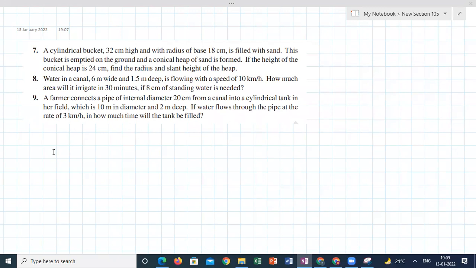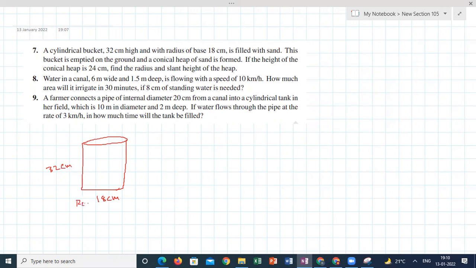This bucket is emptied on the ground and a conical heap of sand is formed. The height of the conical heap is 24 centimeters. Find the radius of this. It's a very simple question. A cylinder is converted into a cone. The sand is in the form of a cylinder of the dimensions 32 centimeter height and 18 centimeter radius.